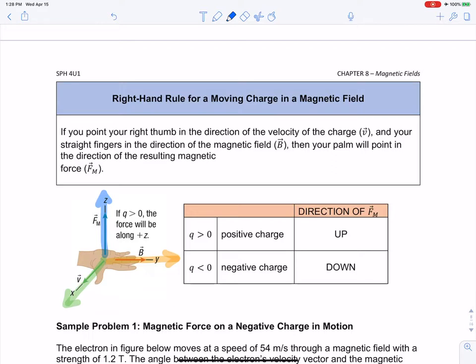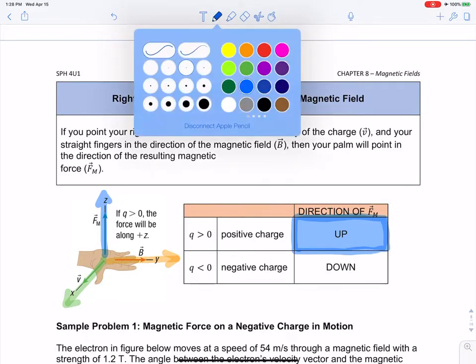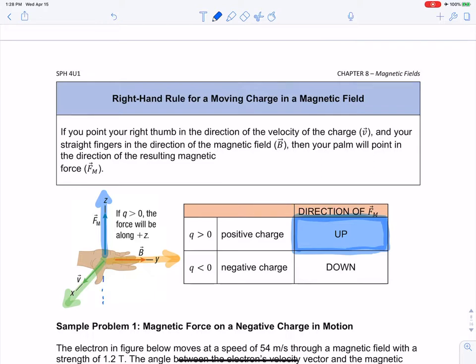Now, if the charge is positive, like a proton, then the force will come out of your palm and be pointing up. If the charge is negative, then the force will be pointing down from the top of your hand, or opposite from your palm.